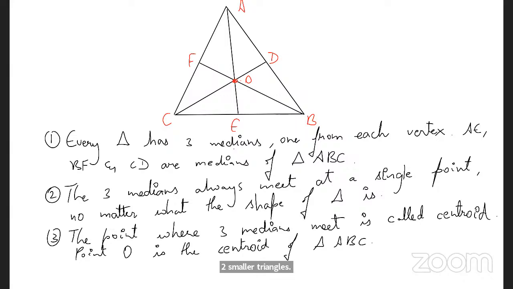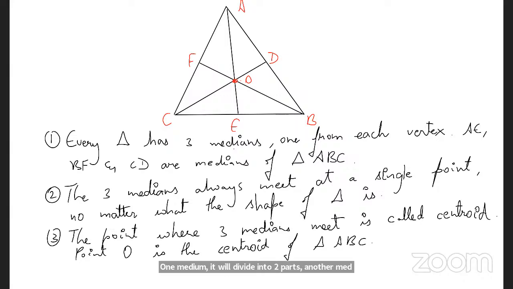Okay. Suppose I hadn't drawn the medians CD and BF, like in the last diagram, where I drew only one median. That median divided the triangle into two parts whose area will be equal. If I draw one median, it will divide into two parts.